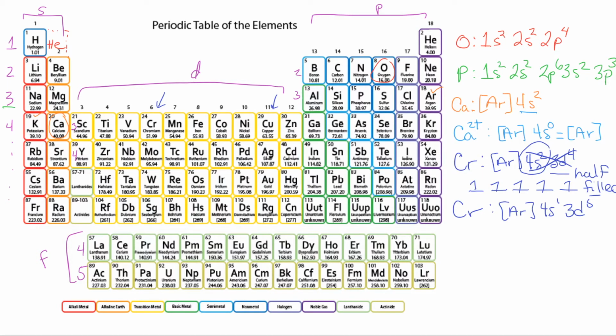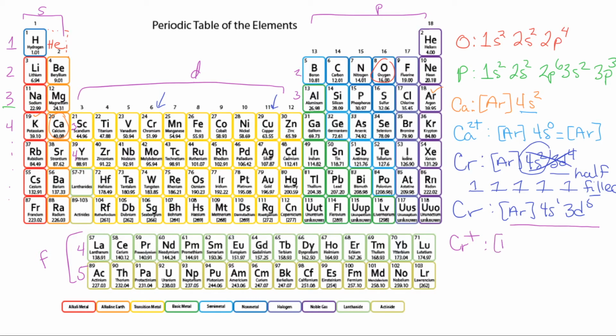Okay, so if I wanted to create an ion for chromium, so Cr+, we would look at this species, this electron configuration, the correct one, right? Before we actually take an electron away, which is what Cr+ means.